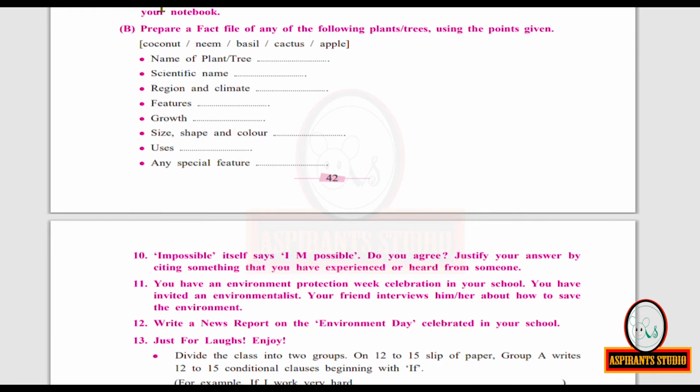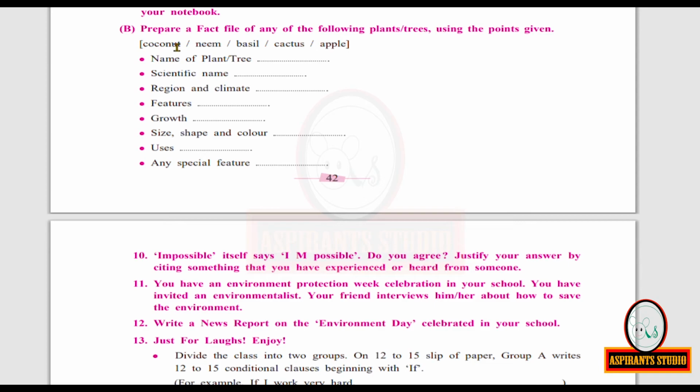Now, see question number 9. Choose about 8 to 10 sets of imaginary dialogues between a bird, a tree and its fruit regarding the effects of environmental changes. Write it in your notebook. You can do this as homework. Now, see B part. Prepare a fact file of any of the following plants or trees using the points given.